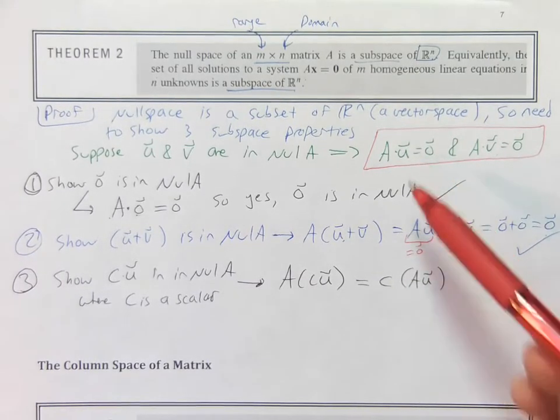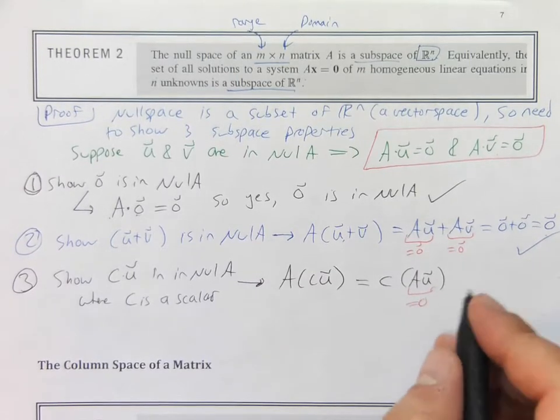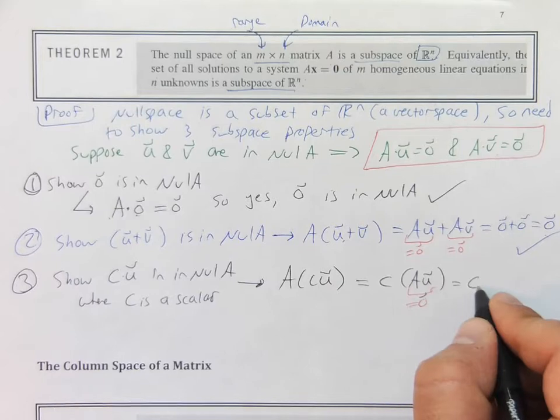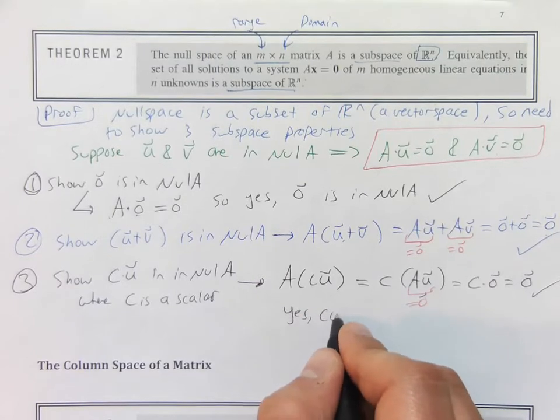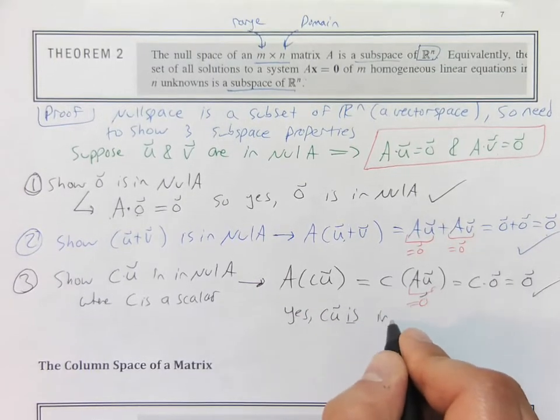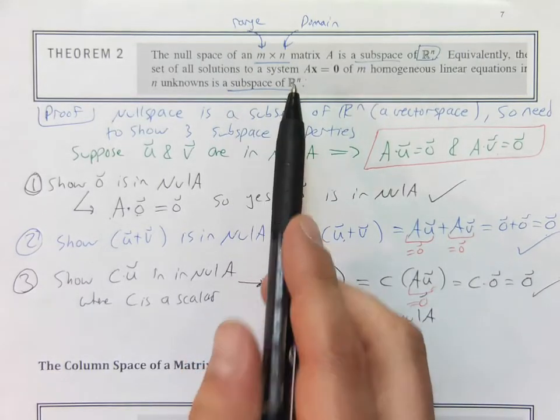We know Au is 0, so this is just c times the 0 vector, which is the 0 vector. That one worked too, so cu is also in the null space. We showed all three properties of a subspace are satisfied, and so we've shown that the null space is in fact a subspace of Rn.